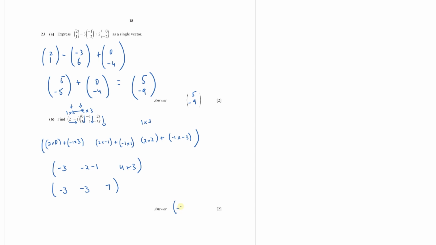So this will be your answer, minus 3, and 7. And you can see that we calculated before we did the multiplication that we will get a 1 by 3 matrix, 1 row and 3 columns, and here you have 1 row and 3 columns.